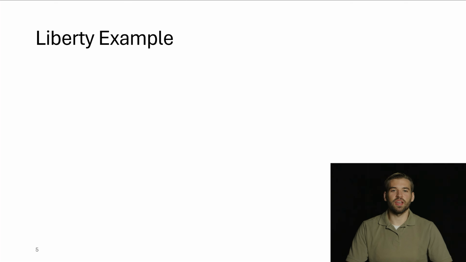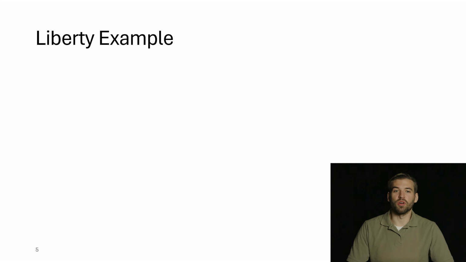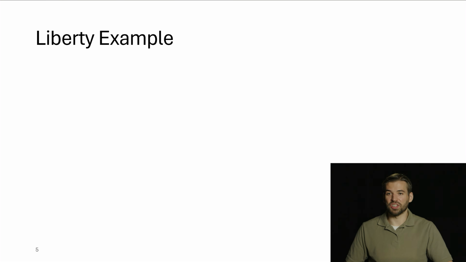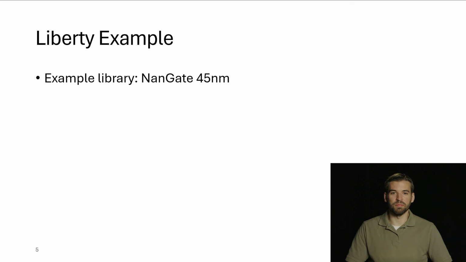Let's take a quick look at an example of some important features that show up in a Liberty file. This example is taken from the NAND 45nm cell library. So this library is a collection of masters which belong to a non-fabricable 45nm process, meaning that you can't actually manufacture it, but it's a synthetic version that's been created which helps model what a real 45nm process might look like.